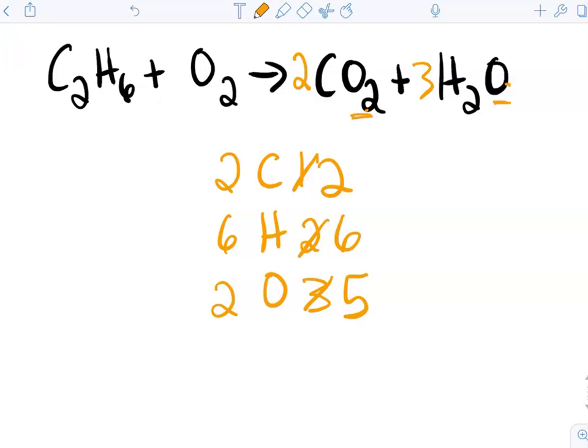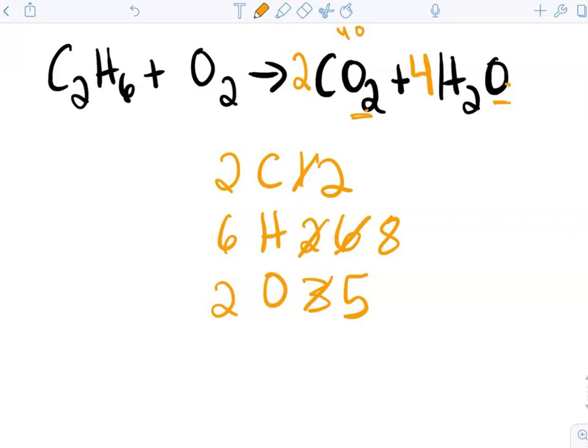So then I've got to think, what could I change to try and get my oxygens to be the same? Let's say we put a 4 here. 4 times 2 would be 8 hydrogen, but now we've got 4 oxygens here, so 4 O's there.